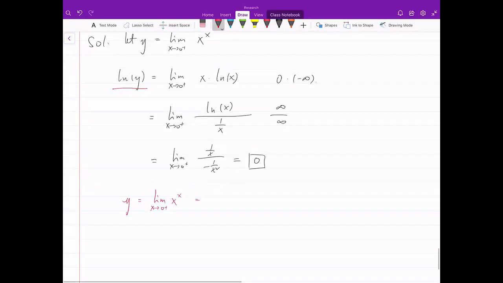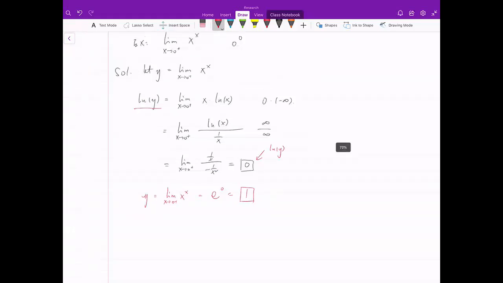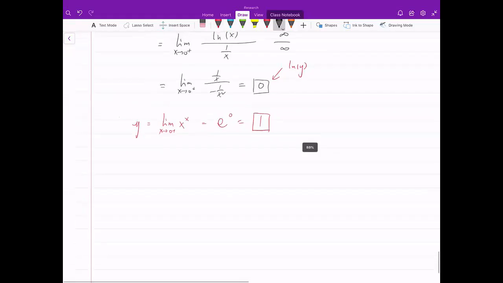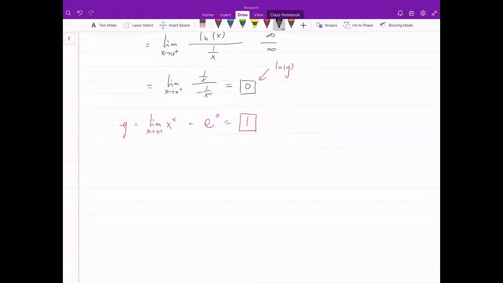You just need to take e to the 0 to have 1, because technically, this is ln y. Sounds good?